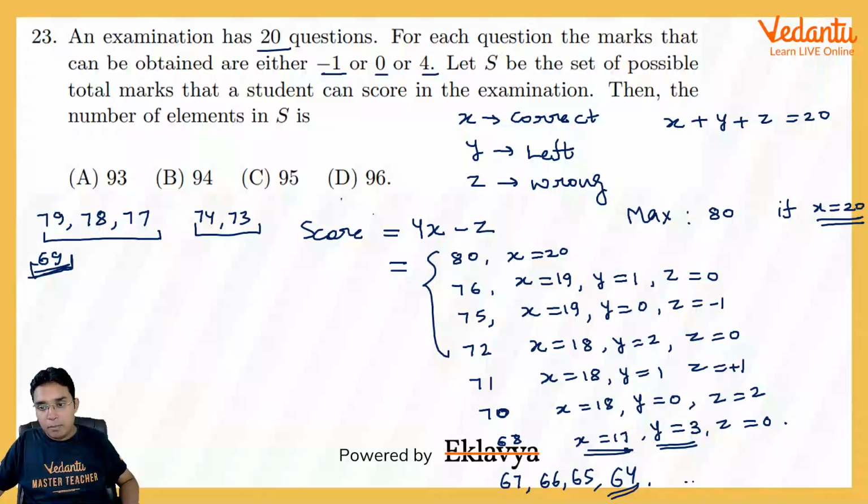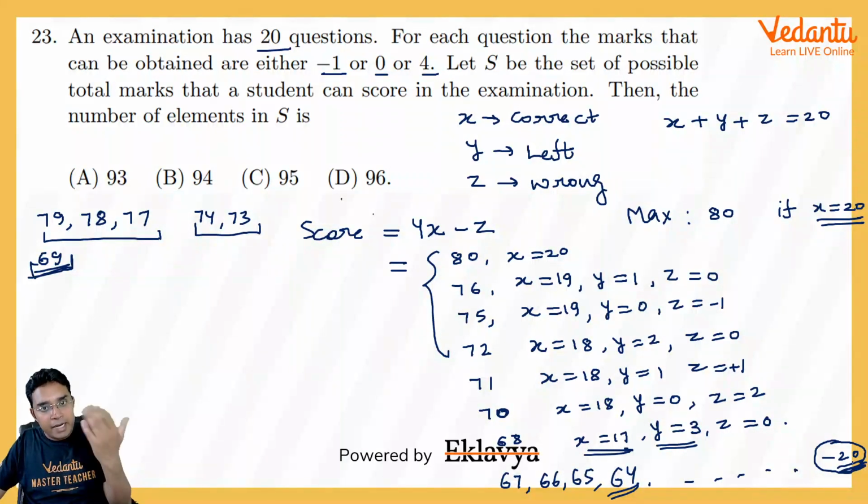In fact, my last score will be -20, when all questions are wrong. And from 67, 66 onwards all marks will be possible, like -19 is also possible because you have done 19 questions wrong and one left. So this way you can think all marks are possible.